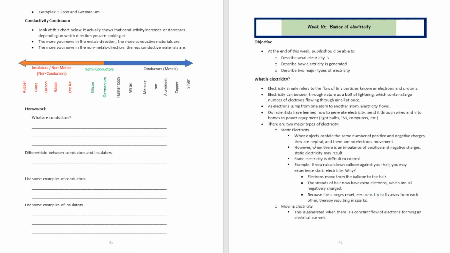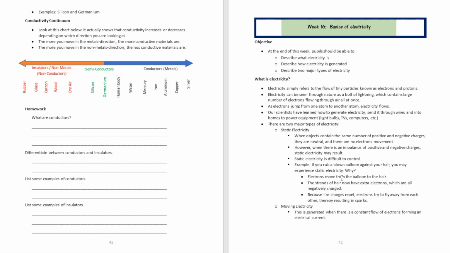All right, so when objects contain the same number of positive and negative charges, they are neutral. However, when there is an imbalance of positive and negative charges, static electricity may result. And static electricity is difficult to control. So if you rub a blown-up balloon against your hair, you may experience static electricity. Why?